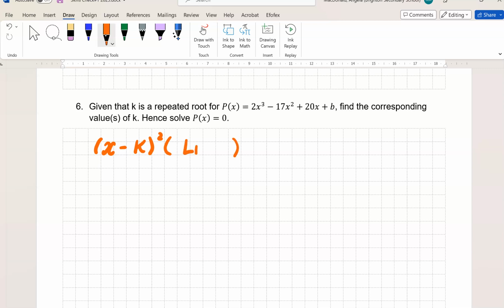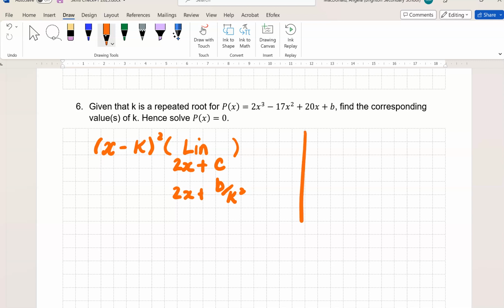It would have to be linear, and you've already said that would be 2x, and then plus or minus something. Now, we can't say b, so you could say plus c. When I expand this, I'd have k squared, so you could have b over k squared. What else could you do?